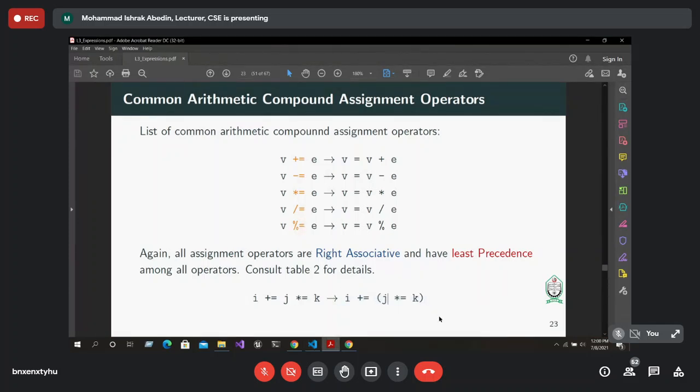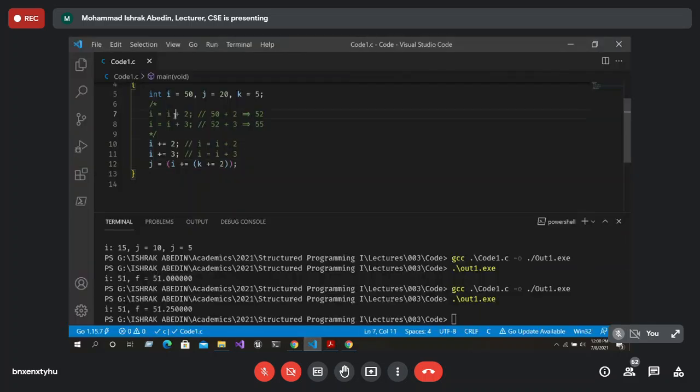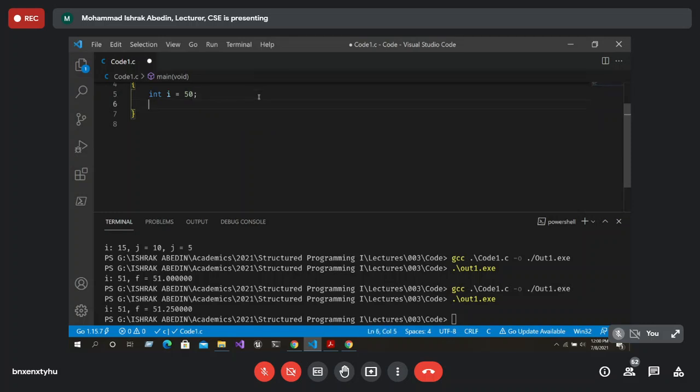Okay, let's move on. There's an even shorter form. We can increment the value by any amount if we need. However, the most common one: let's say you have a system on continuous observation when students are entering, and whenever a new student enters, the count of existing students in the class increases by 1. So we can write it like I plus plus.